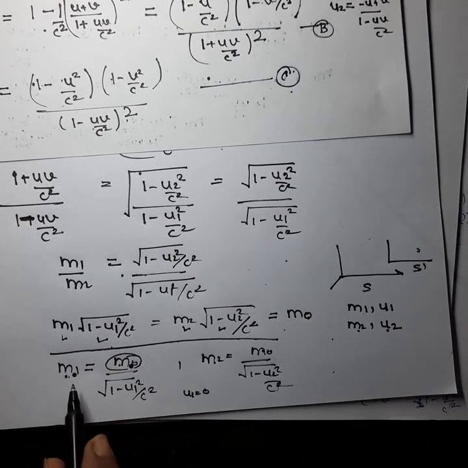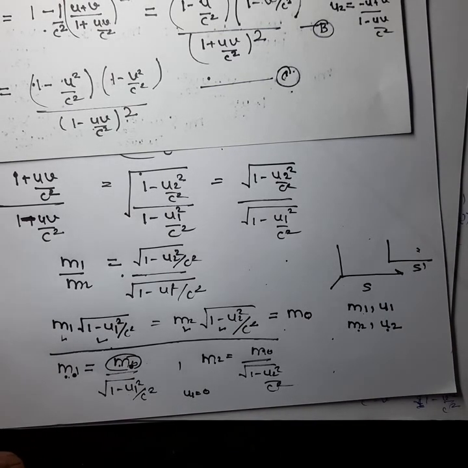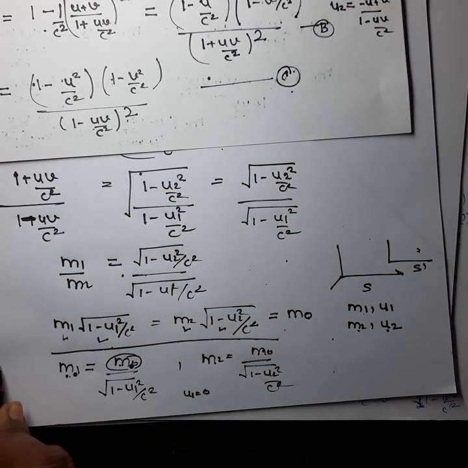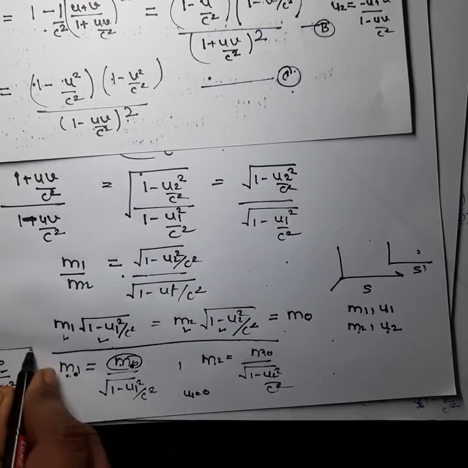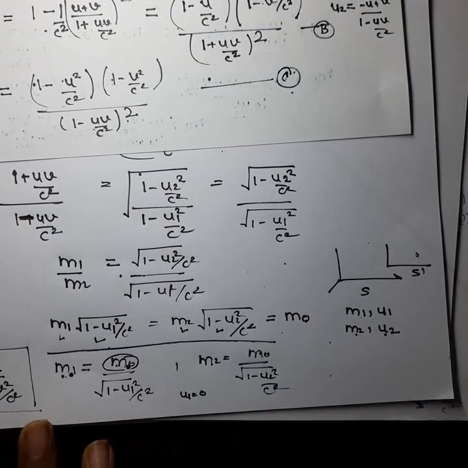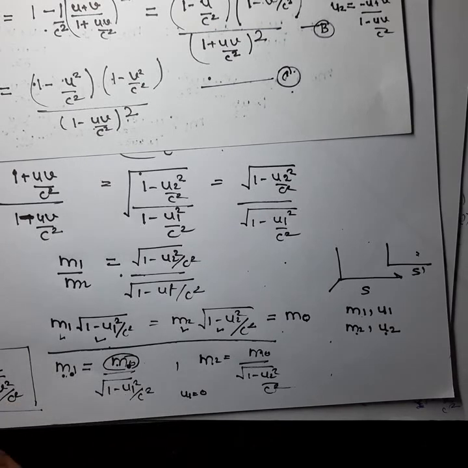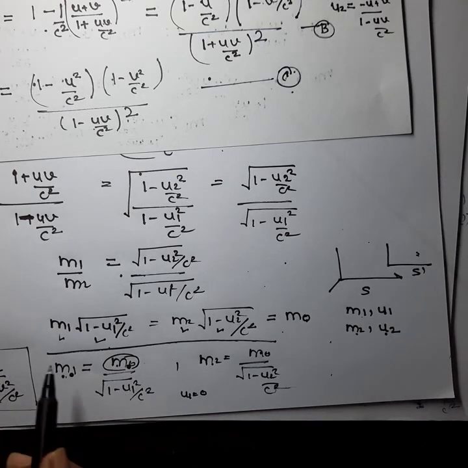So from here you can conclude that mass is relative. You can get the expression m equals m0 divided by square root of 1 minus v square by c square. This was our aim, to establish that mass is also a relativistic quantity and depends upon the relative motion of the observer.